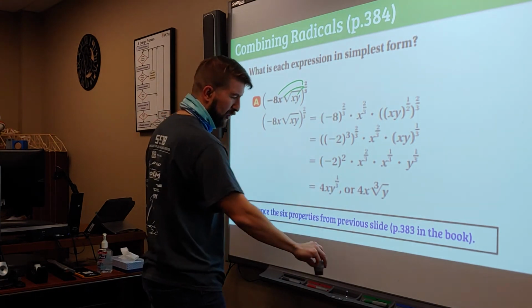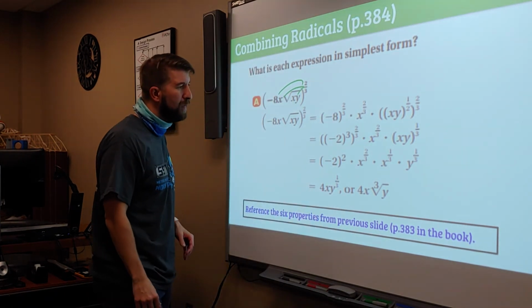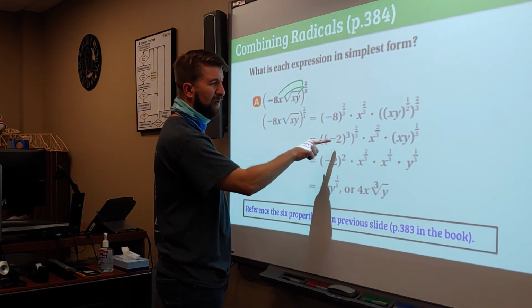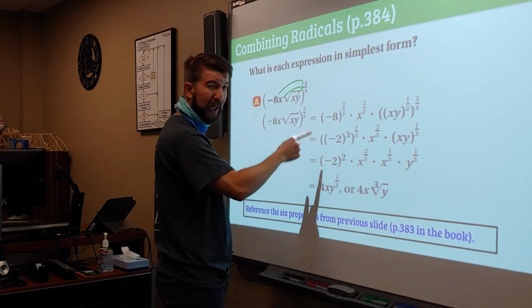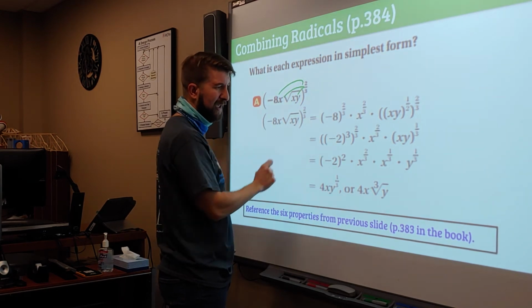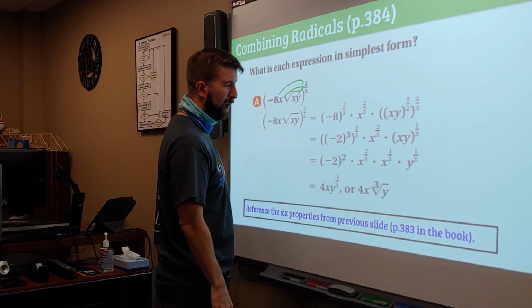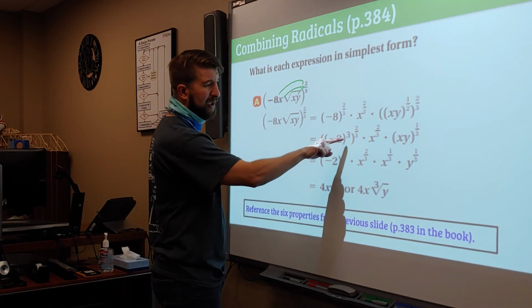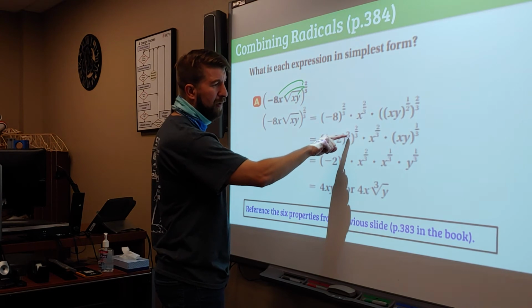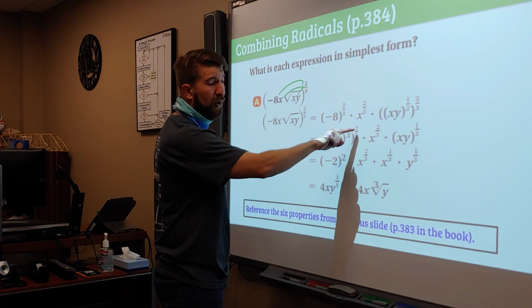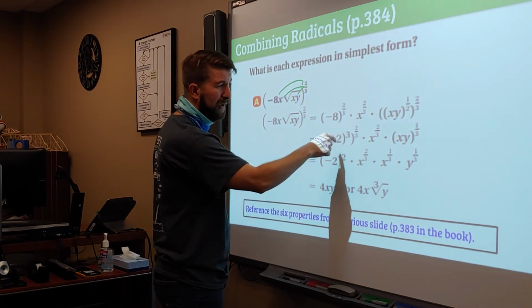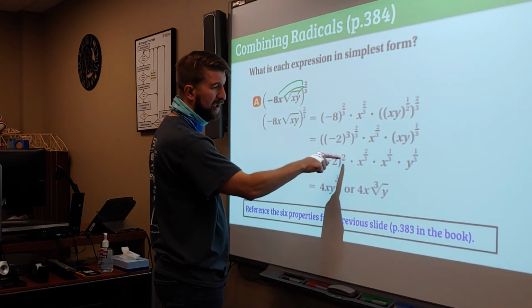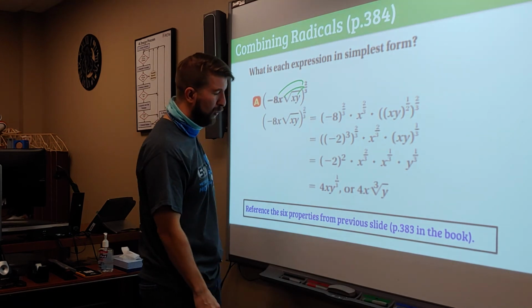So let's look at what they did step by step. They tried to simplify this a little bit further, and they said, okay, -2 cubed, so -2 times -2 times -2 was -8. They wanted to get that exponent there. And then when they got that exponent there, they said, okay, 3 and the 2/3, you multiply those together, 3 times 2/3, which simplifies to -2 squared.